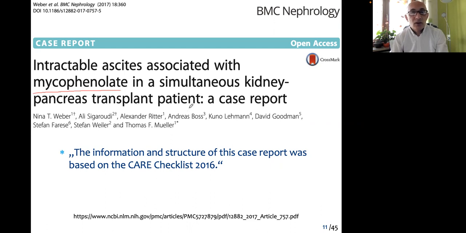So that's a condition you don't expect, actually, ascites, when you give mycophenolate in transplant patients. And that's why I believe the authors found it interesting. And the journal editor also, it was published in PMC, as you see, BMC Nephrology journal. So they found it worth publishing this case.